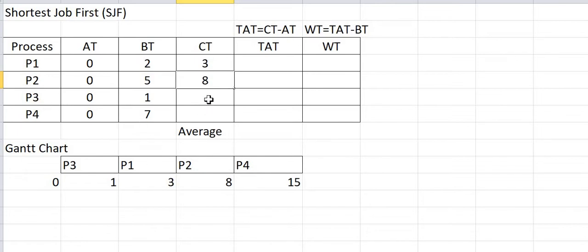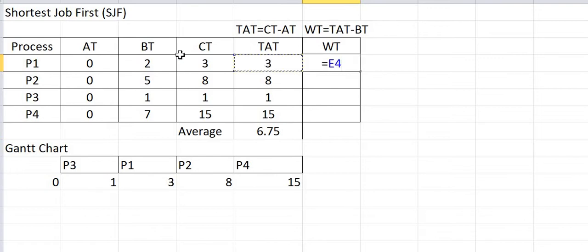P3 has completed by 1 millisecond and P4 by 15. So the turnaround time is completion time minus arrival time. So on an average all the processes has took some 6.75 milliseconds to complete its entire execution.